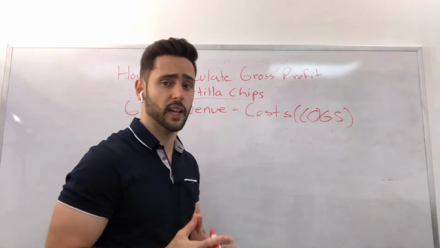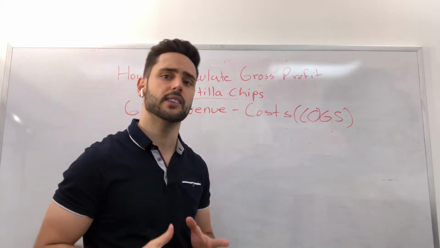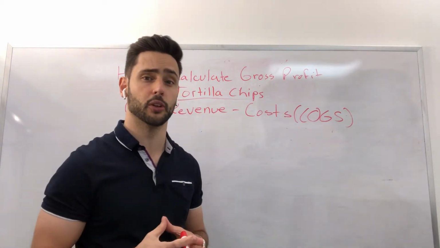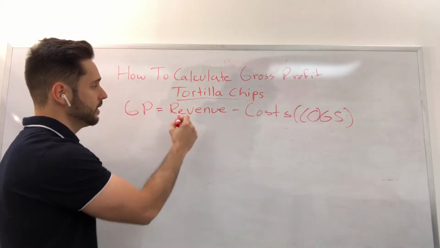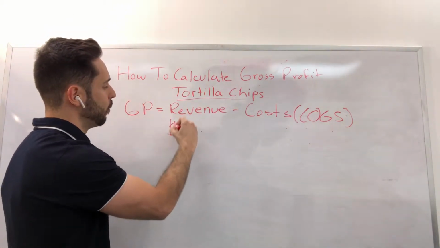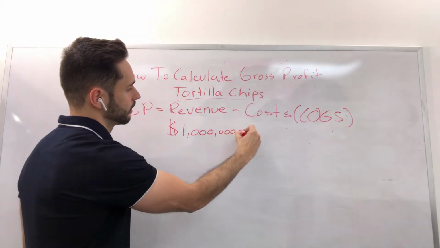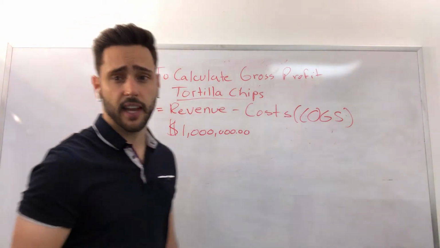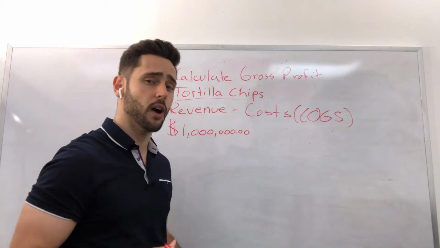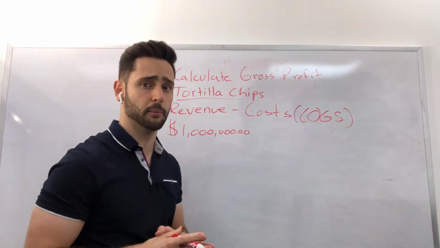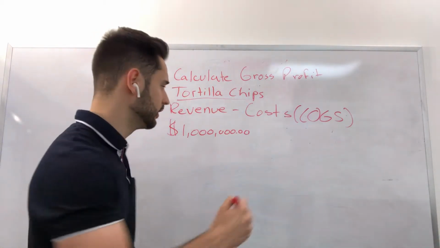So let's take a real simple example. Let's say that you sold $1 million of tortilla chips. So our revenue is $1 million. Let's say that the costs of the raw goods that went into those tortilla chips was $450,000.